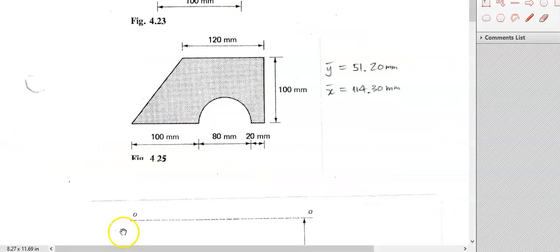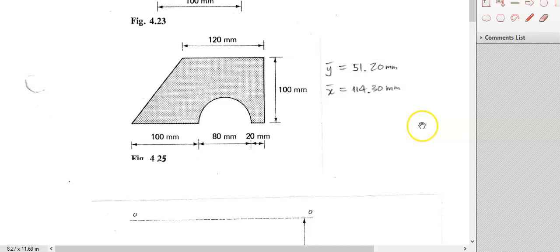Okay, there's the answers. This here is the answers given by the author of the book. So that distance is the distance from that point up to there, and that x is the distance from there to there. So, my junior, if you made this your point A here, you would have gotten these two answers here: bar y 51.20, bar x 114.30.